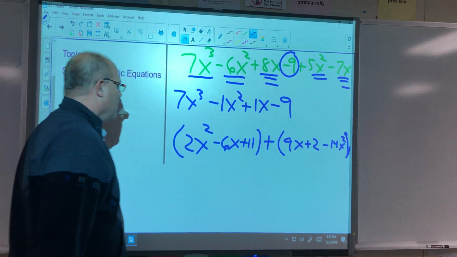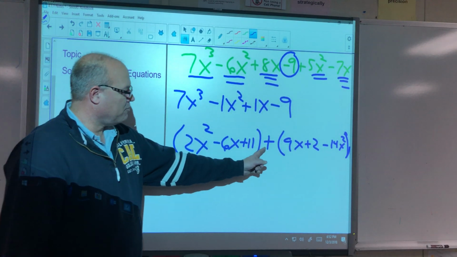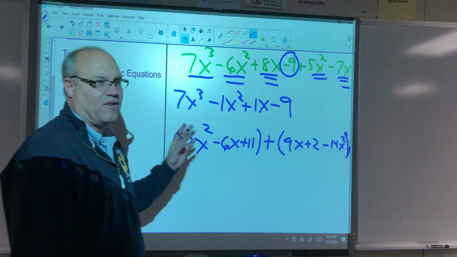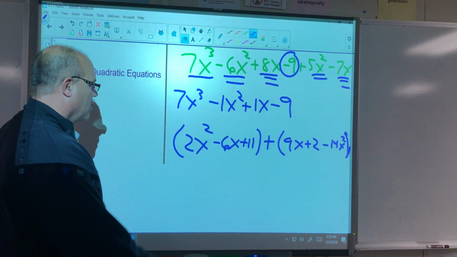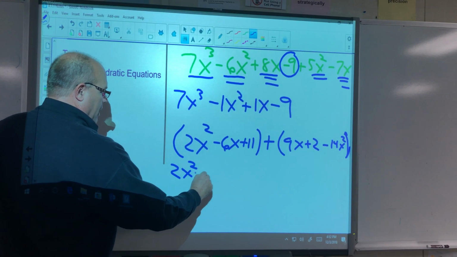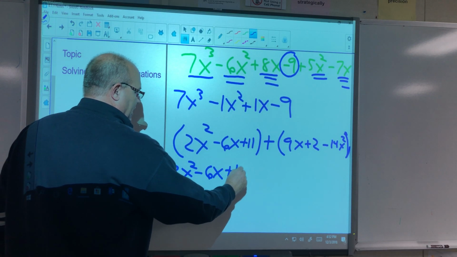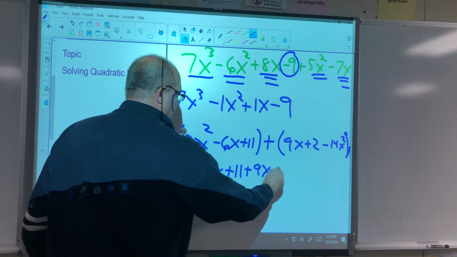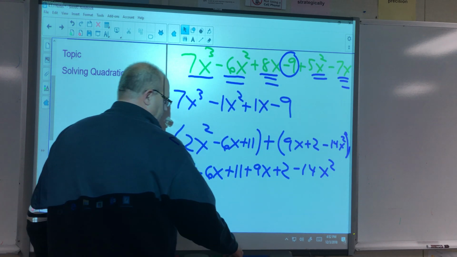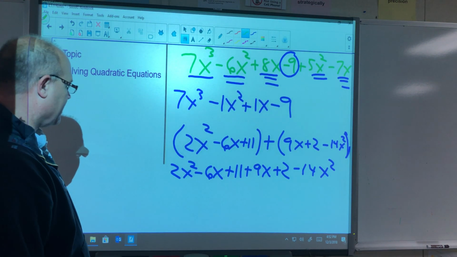So when there's an addition symbol here, you can basically just remove the parentheses and just combine like terms. So I can rewrite this as 2x squared minus 6x plus 11 plus 9x plus 2 minus 14x squared. And then just like the previous example, I combine like terms now.